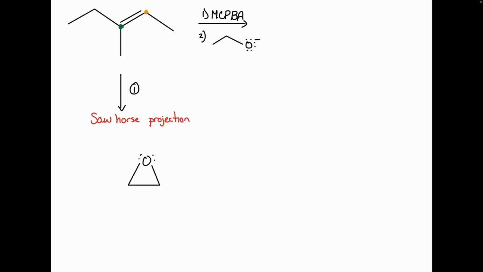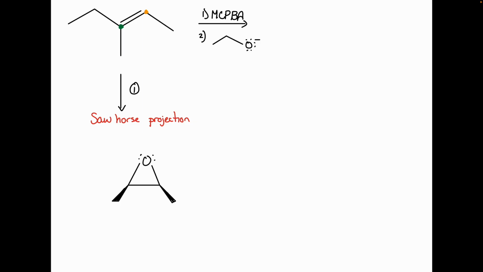And importantly, that means that these two methyl groups, since they're pointed on the same side in my alkene, they have to be pointed on the same side in my sawhorse projection as well. I'm going to put them both on a wedge because, again, I'm imagining that I'm looking at this alkene and then flipping it on its side. That's how I'm looking at this molecule.